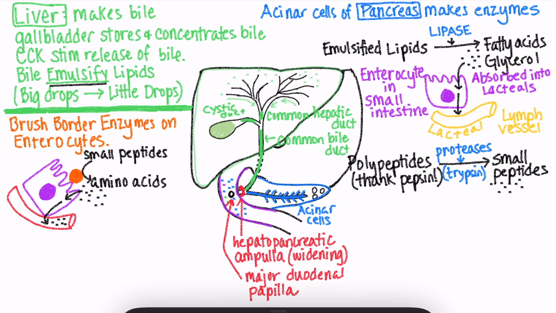So we're going to look now at carbohydrates and polysaccharides that are smaller than starch and are able to be broken down further. Think saliva, because there is amylase in your saliva as well.